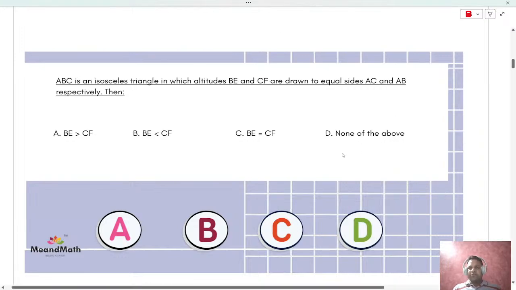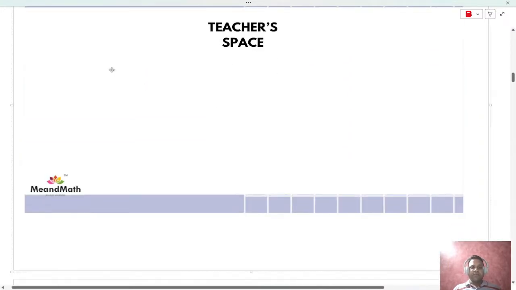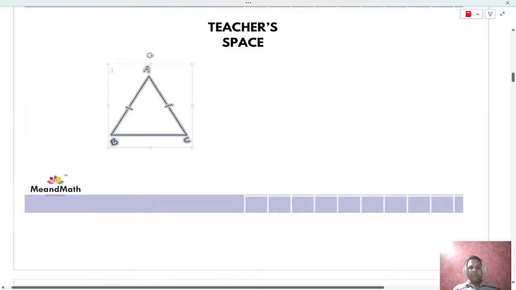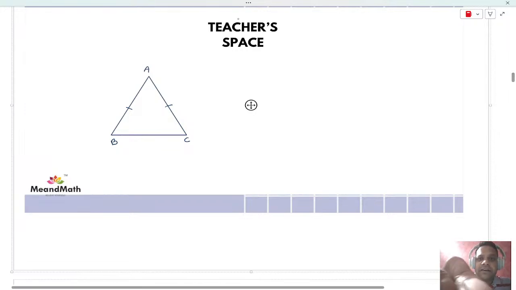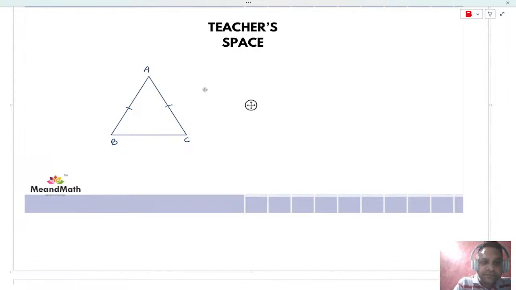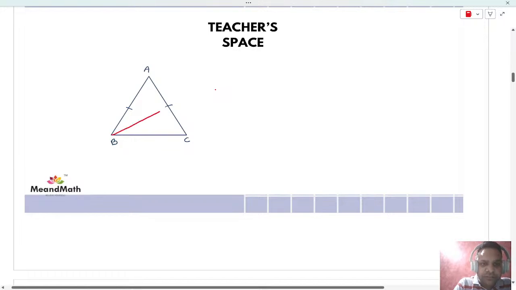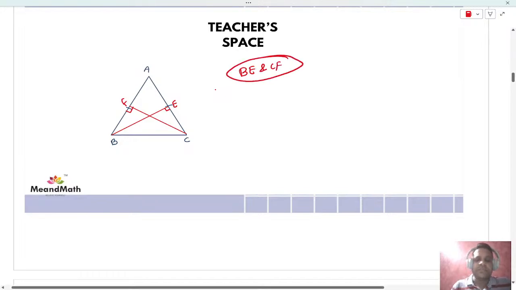Okay, so we draw the triangle here. BE and CF are altitudes, so I draw BE and CF. Let's suppose this is BE and this is CF. Now BE and CF, what is the relation between both?